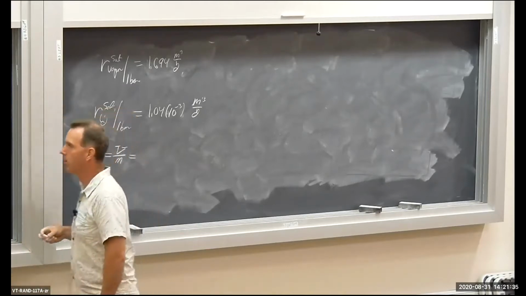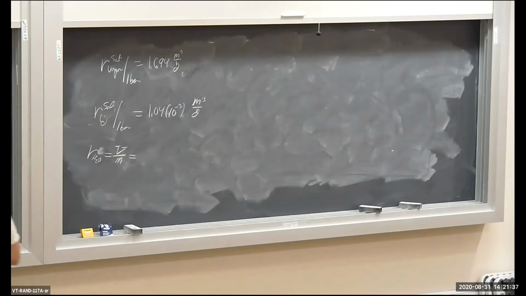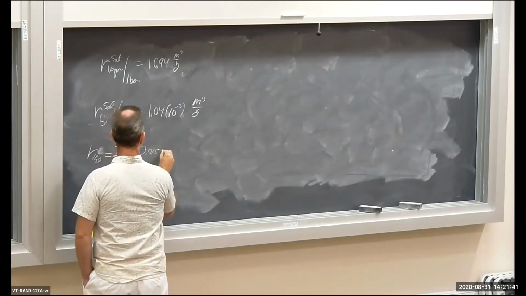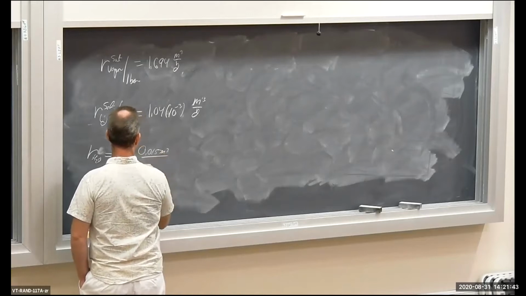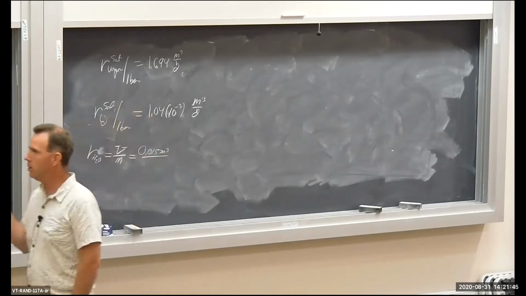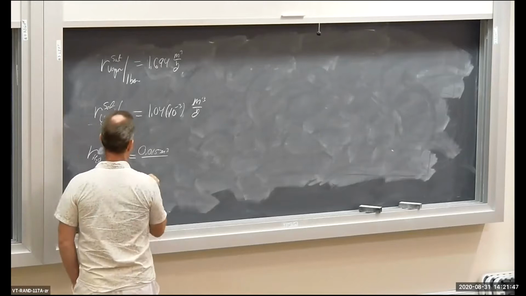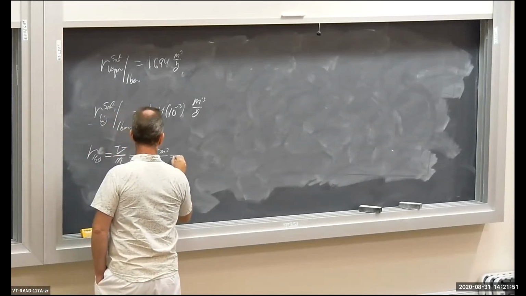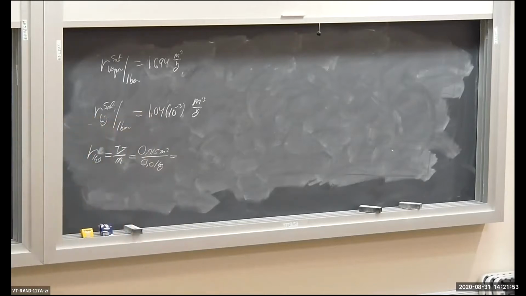Let's see here. We had 0.015 cubic meters, and I've got 0.01 kilogram of the stuff. Units are cubic meters per kilogram. That looks pretty good.